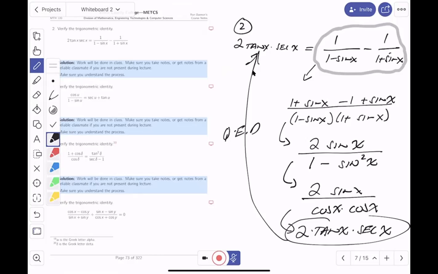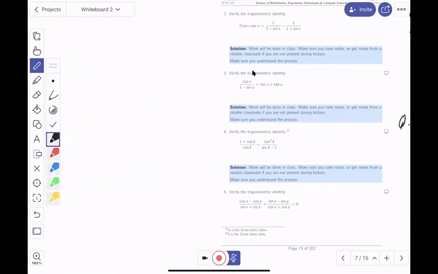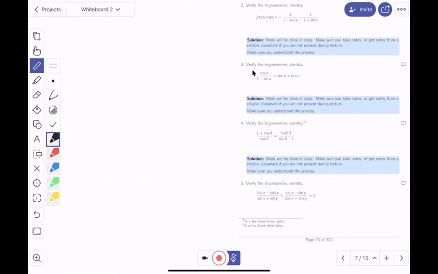All right, let's go to the next one. Number 3, let's take a look at it. And what do you see there? You see cosine of u over 1 minus sine of u equals secant of u plus tan of u.